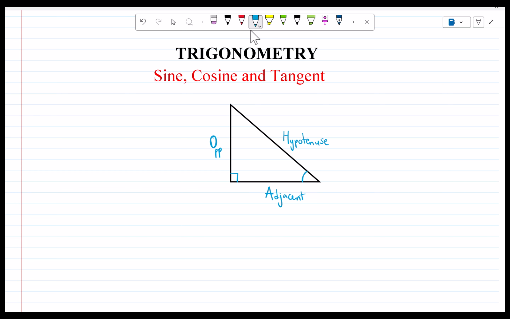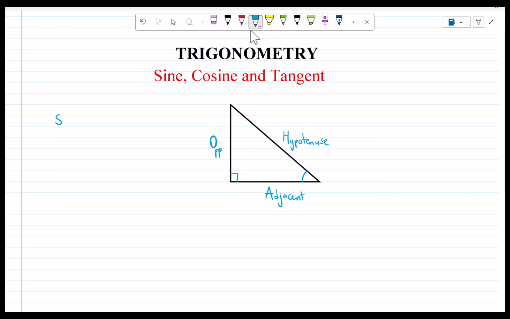So the three trigonometric functions show how two of the sides and one of the angles are related. If you know two of the sides, you can work out a missing angle, or similarly, if you know an angle and a side, you can work out the length of another side. The three functions I'm going to discuss here are the sine, the cosine, and the tangent.